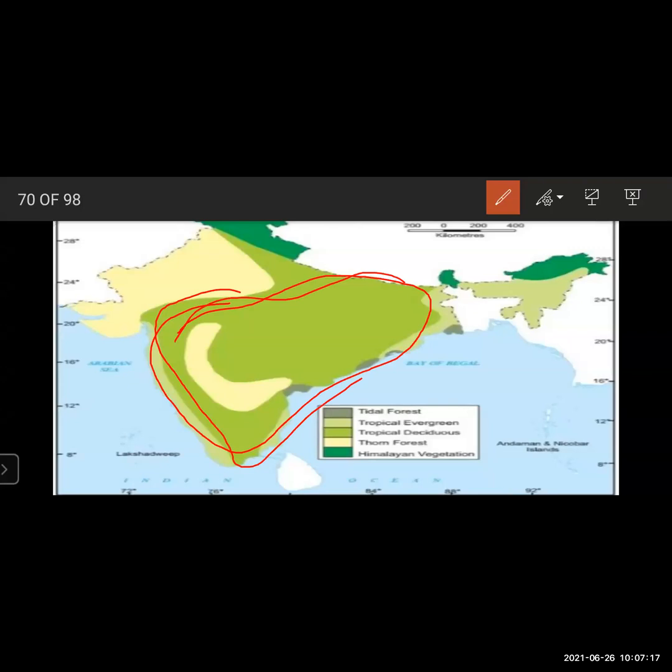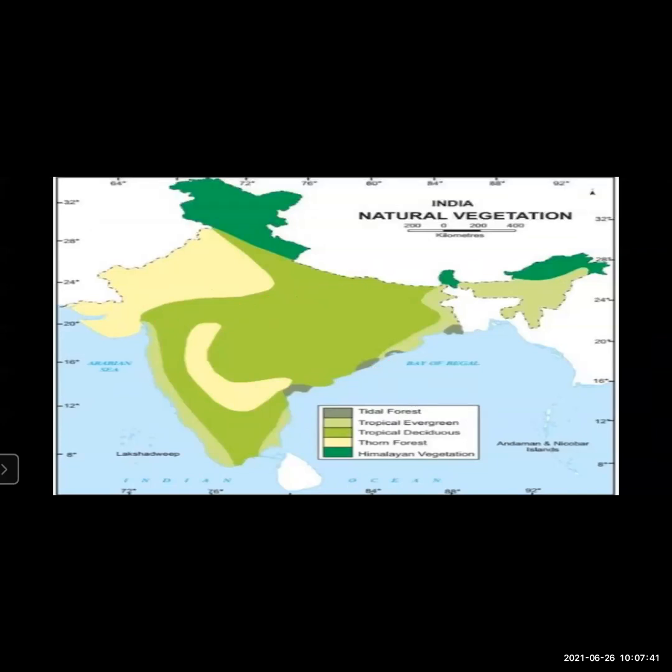And the one which is in light yellowish color, that is thorn forest. So here it is Osmanabad. It covers Solapur and Latur district. Students, if you want, you can take the screenshot of the map which I'm showing you for your better understanding.